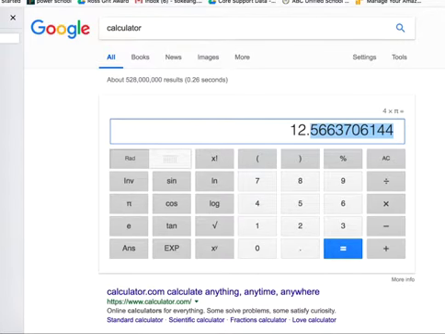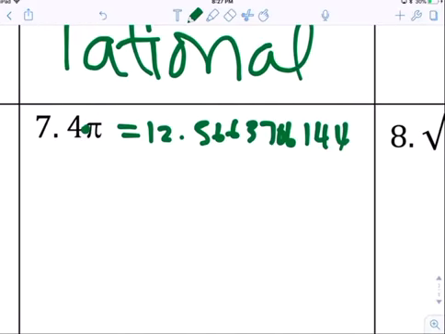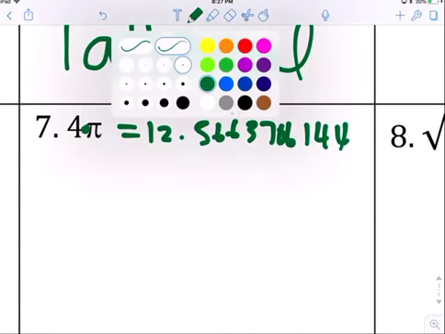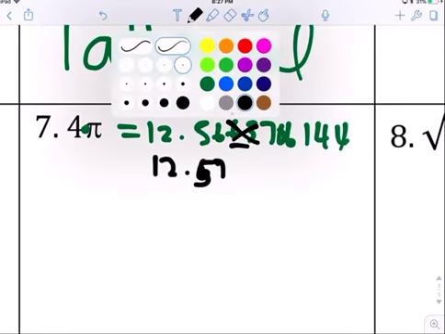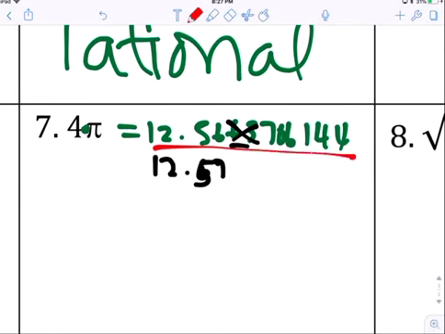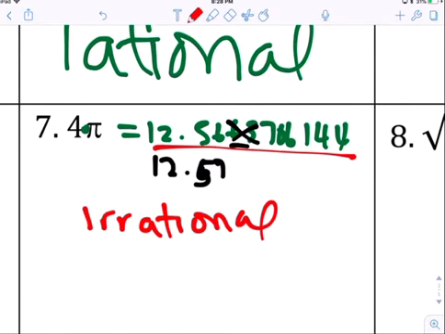Some classes I tell them to round it to the nearest hundredth. So if you round it to the nearest hundredth, it's 12.57. It's irrational because this number never ends or repeats and cannot be made into a fraction. Rational is another word for fraction. Any number that can be made into a fraction.